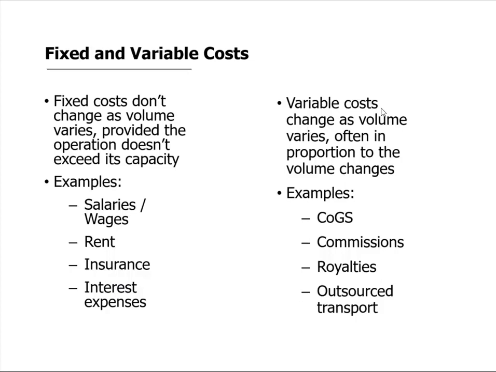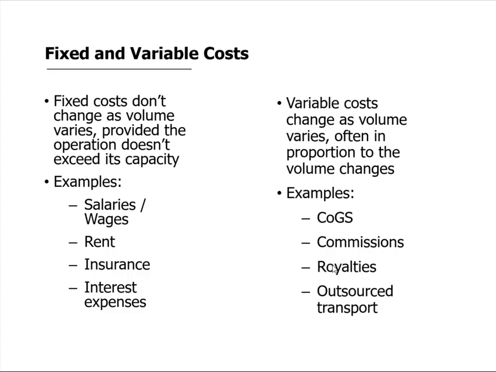As far as variable costs are concerned, what we've learned is that these change based on volume, and it's normally in proportion to volume changes, which often shows up, or does show up mostly, in the sales that the business does. All right, so cost of goods sold is a variable expense. Often the commissions are variable. It's a percentage of sales.